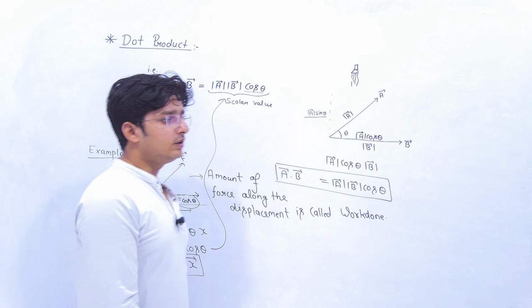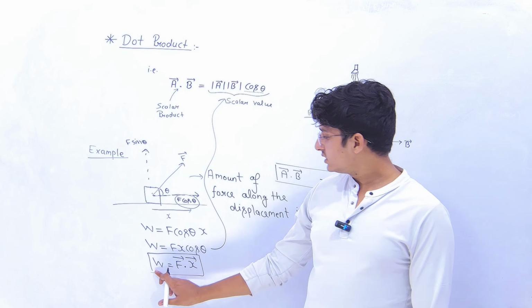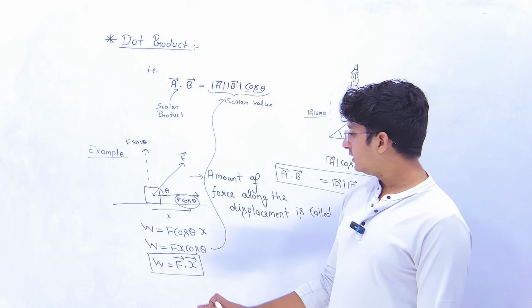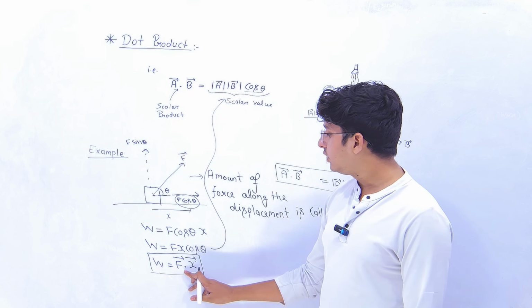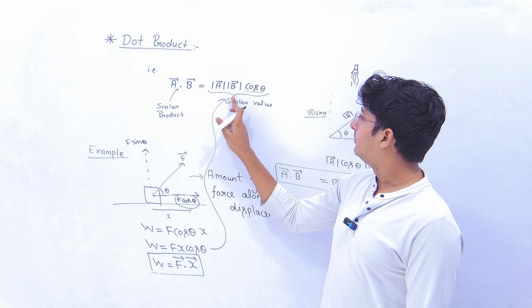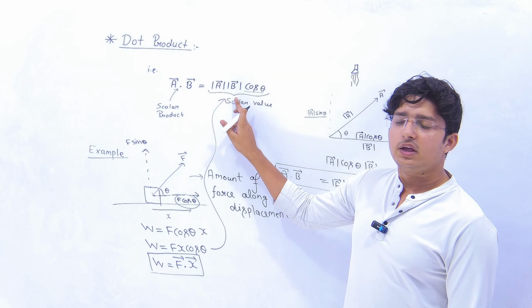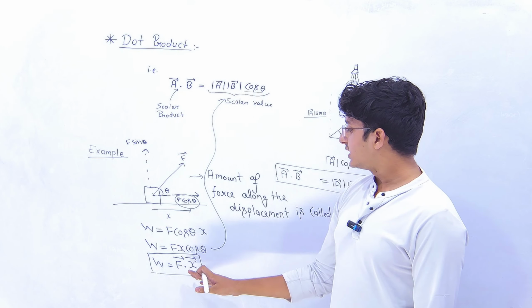That is why we say work is not a vector quantity, because the formula of work done is F vector dot x vector. This is a dot product, and the dot product gives us a scalar value, so work is a scalar value.